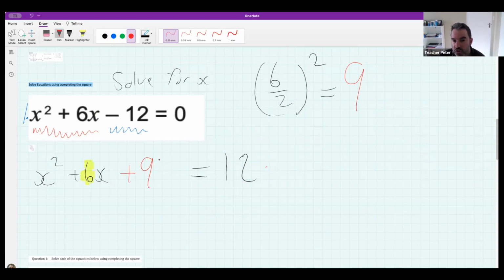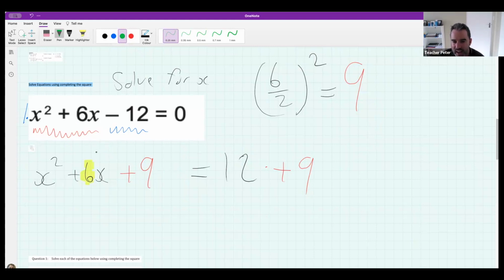Now, when we are solving an equation, because we have two sides, instead of taking away 9 again, Bukle, we add 9 to this side. Does that make sense in terms of your knowledge of equations? If you do the same thing to both sides, it stays equal.